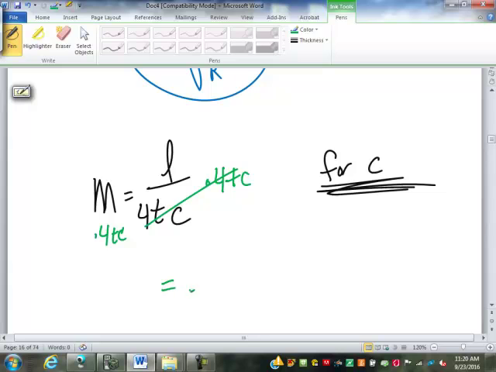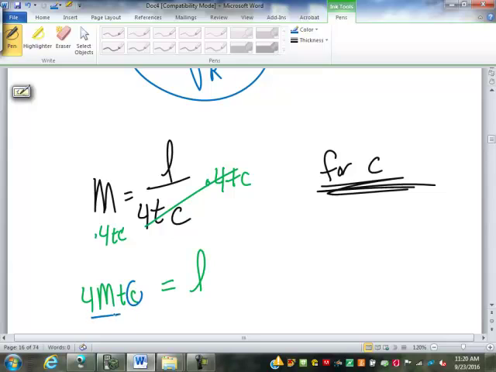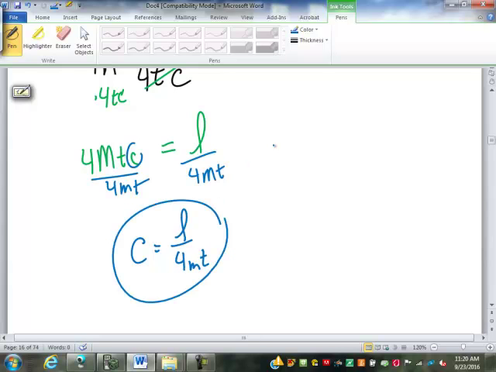We just have L here and this is 4MTC, or M times 4 times T times C. To get C by itself, then you have to divide by 4MT. So you get C equals L over 4MT. And conceptually, that's probably easier to understand, because you divide it by the whole thing, it goes on the bottom.